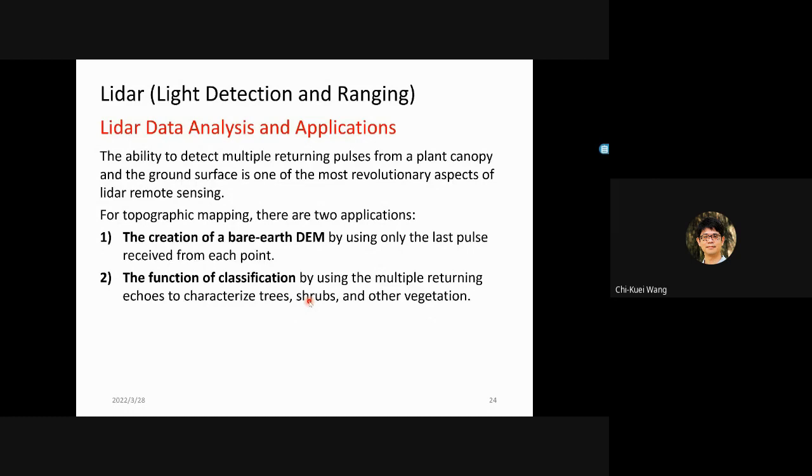Now, the ability to detect multiple returns from the plant canopy and the ground surface is one of the most revolutionary aspects of LiDAR remote sensing.